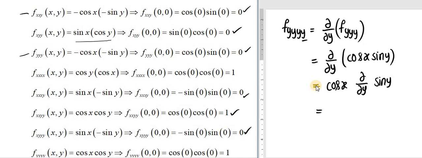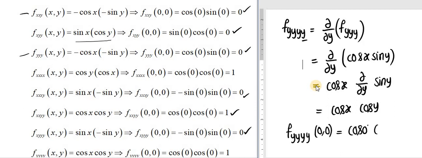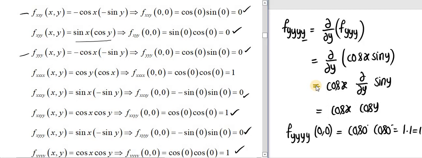Sin y differentiation is cos y. f_yyyy value is cos x into cos y. Now I am going to find out this value at 0, 0. That means cos 0 into cos 0. We know the value of cos 0, that is 1. 1 into 1 is 1.